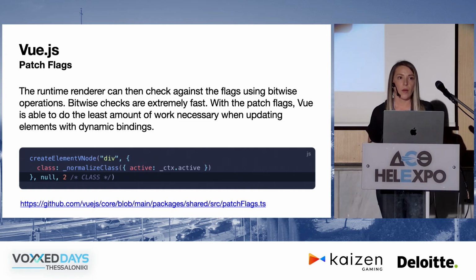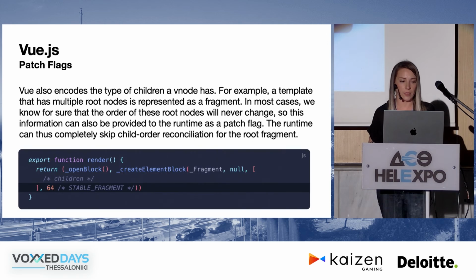Bitwise is extremely fast, and by using these patch flags, we're able to determine how the framework can do the least amount of work for updating elements. I've shared at the bottom the link for all of the patch flags that are available inside the framework. These are the flags implemented inside the source code. This is a very good optimization that makes the Vue.js framework very fast.